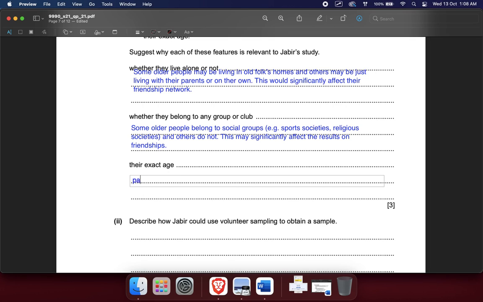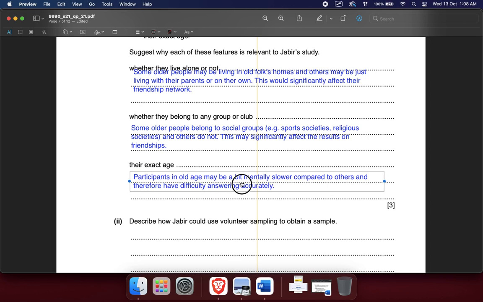So participants in old age may not be as cognitively smart, may be a bit slower, compared to others, right? And therefore have difficulty answering accurately.